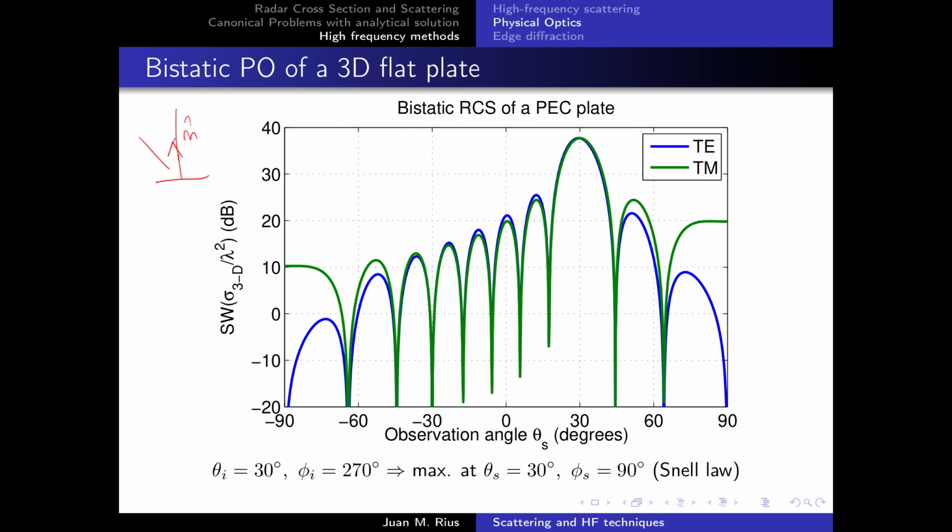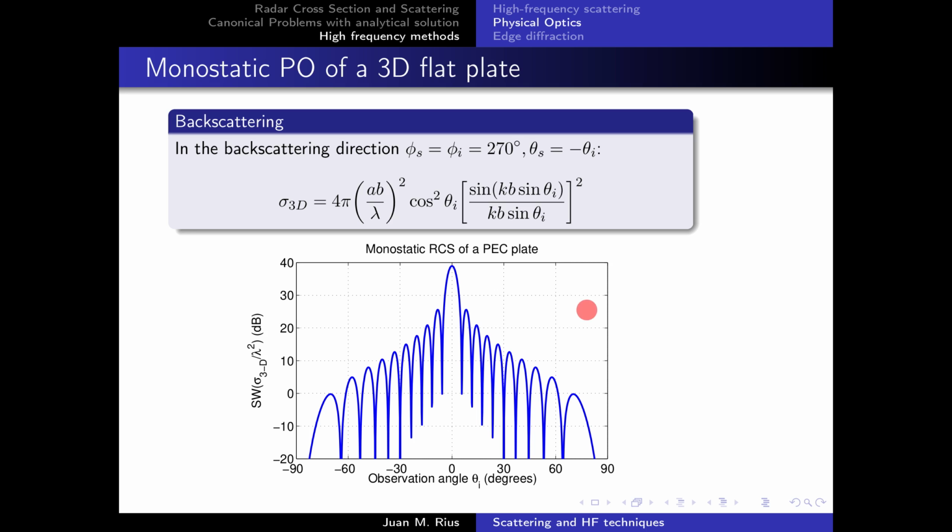So we have an incidence direction 30 degrees with respect to the normal of the surface. So the specular reflection according to Snell's law is also at 30 degrees, and we can see here the maximum of the reflected field at 30 degrees. And in the monostatic case we have something similar.